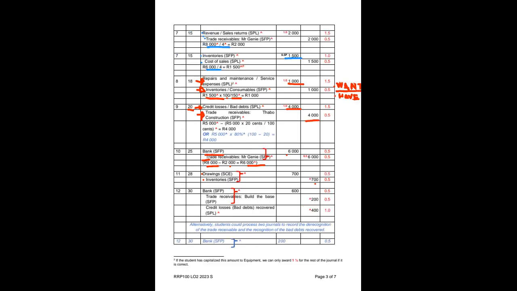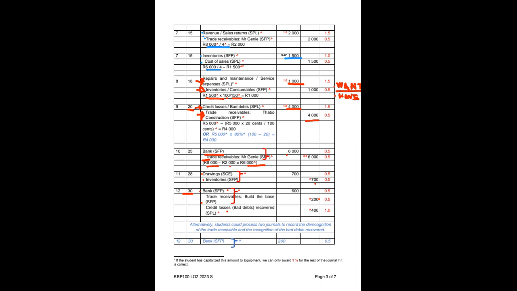On the 30th of January, basically, what we do is we say bank, trade receivables for 200 rand. And then if you wanted to, you could actually separate this journal and then say bank 400 rand, credit losses recovered or bad debts recovered, 400 rand.